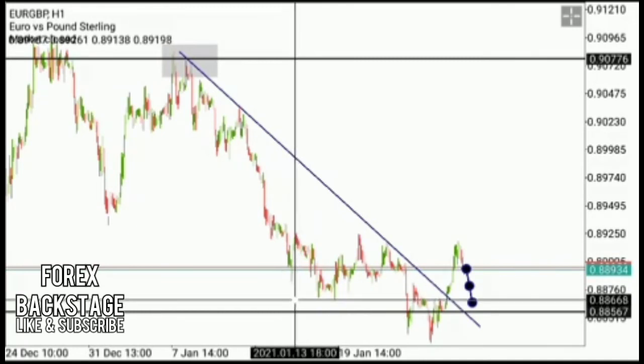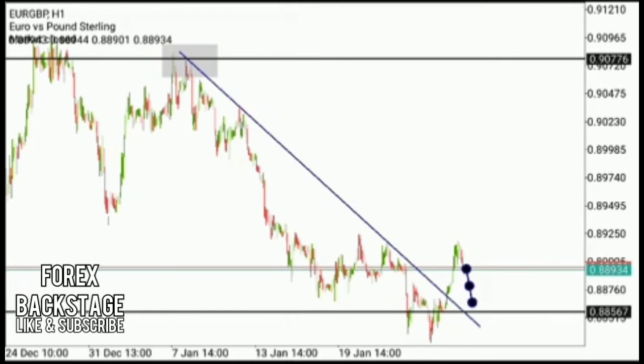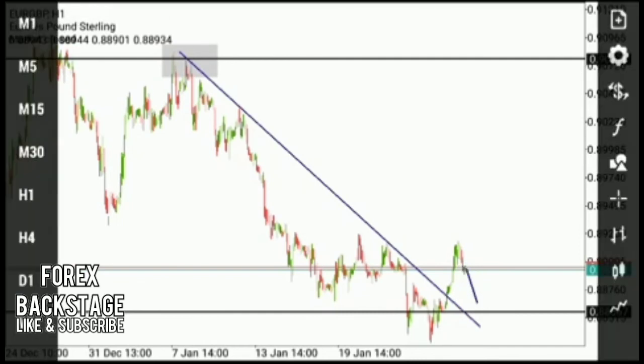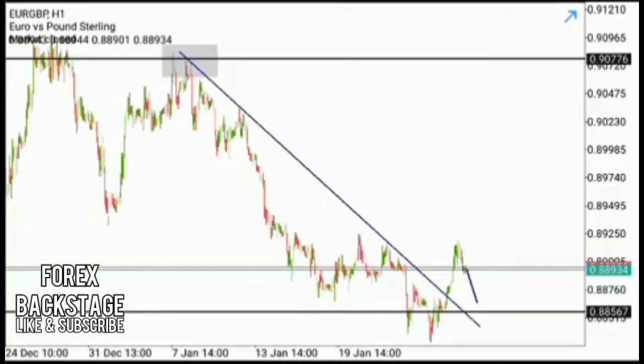You see, our equal shoulders, just a little bit push down, and then we are going up from here. Yes, I so wish MT4 could have been the same as TradingView.